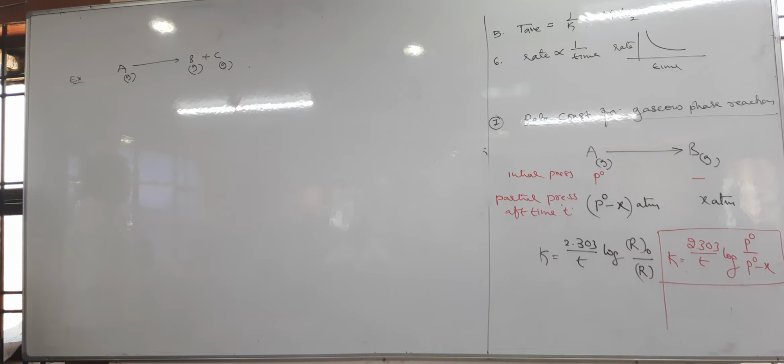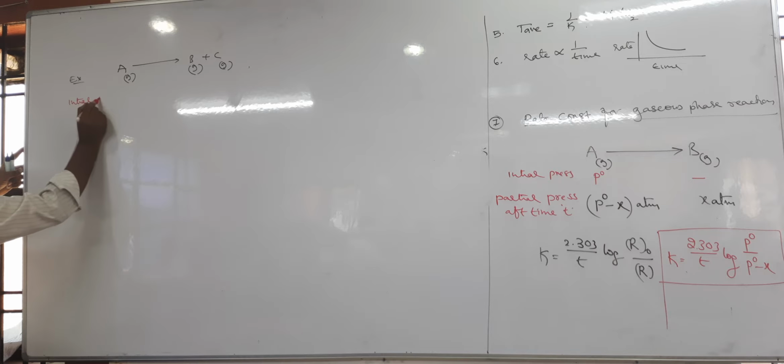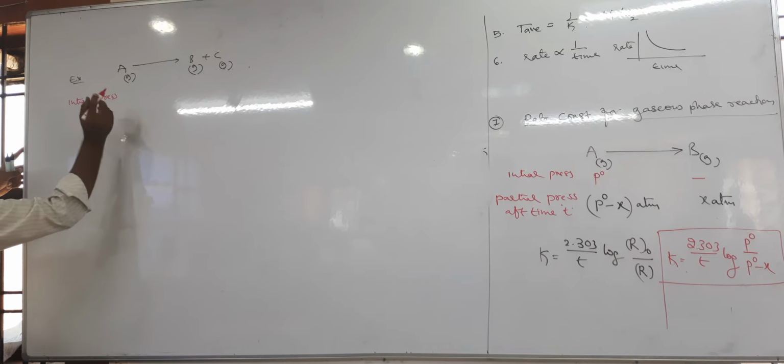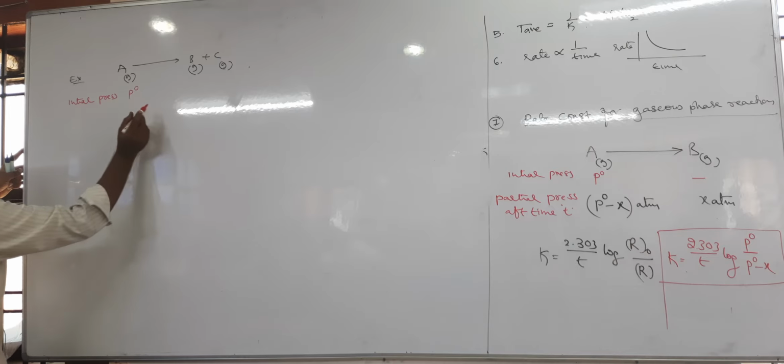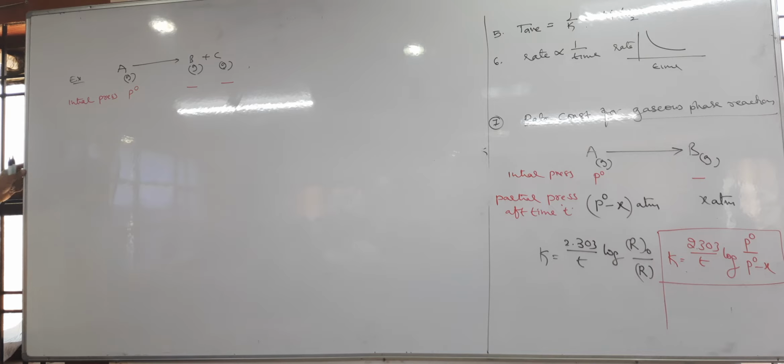So A gives rise to B and C, all in gaseous phase. Now let us take the initial pressure of reactant as P naught, and the initial pressure of products as 0, 0. Next, what is the pressure at time T?